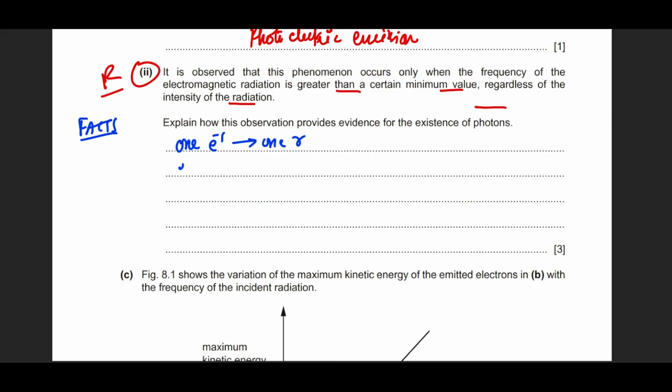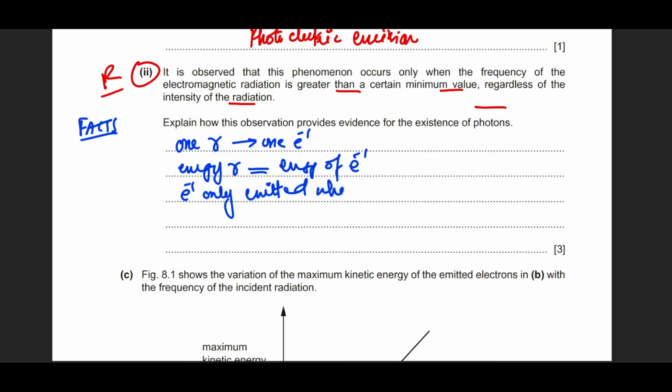The energy of the photon is equal to the energy of the electron, and an electron is only emitted when it has energy more than a certain amount, which is calculated by hf, as this is the work function.